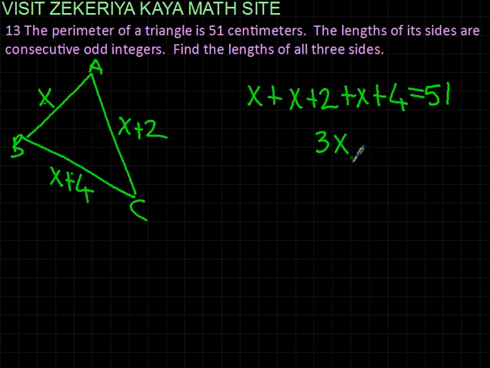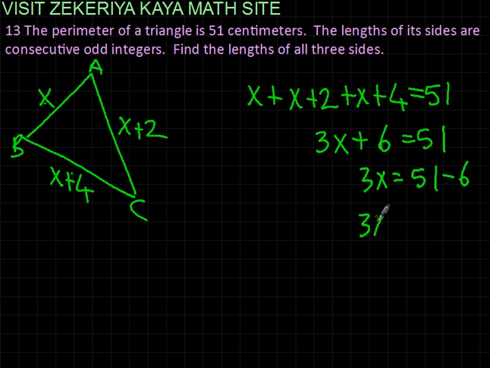I am very happy to see you in here because everybody knows that it's 3x, and plus 6 we have here. Then firstly 51. Go back, yes. And then 3x will be 51 minus 6, which is equal to what? Can you tell me? 40? 45.